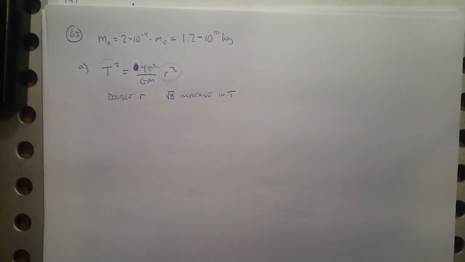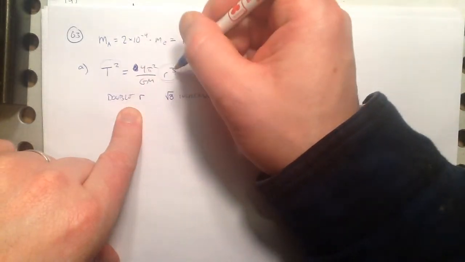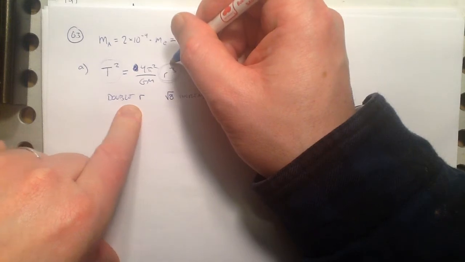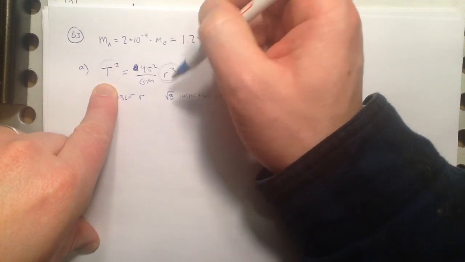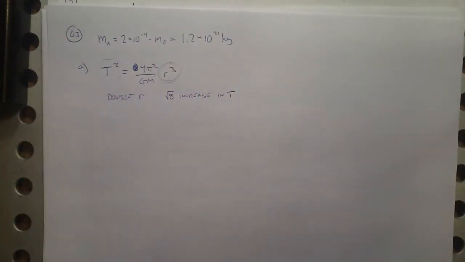Right, that's just proportional reasoning. If you double the r, this is an 8 here, but this is a square root. So that means the period is going to increase by the square root of that factor, which is an 8. So it increases by the square root of 8.